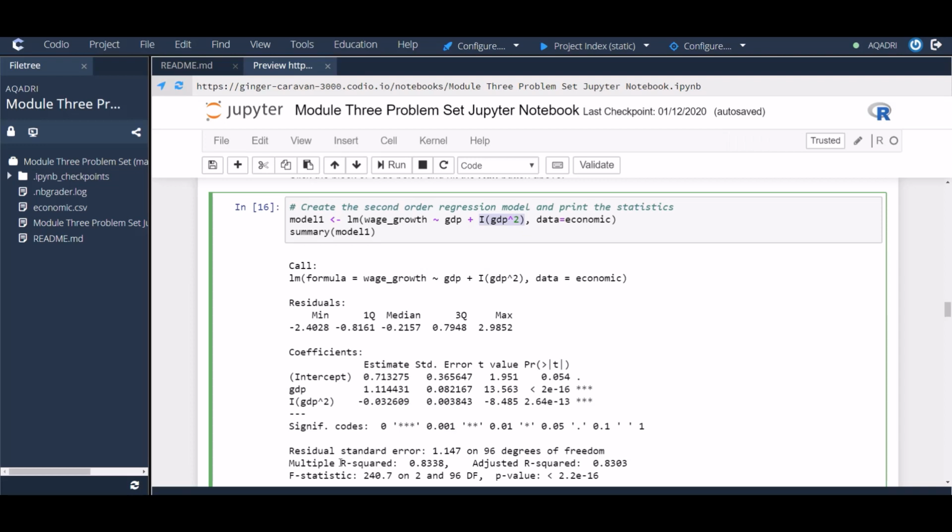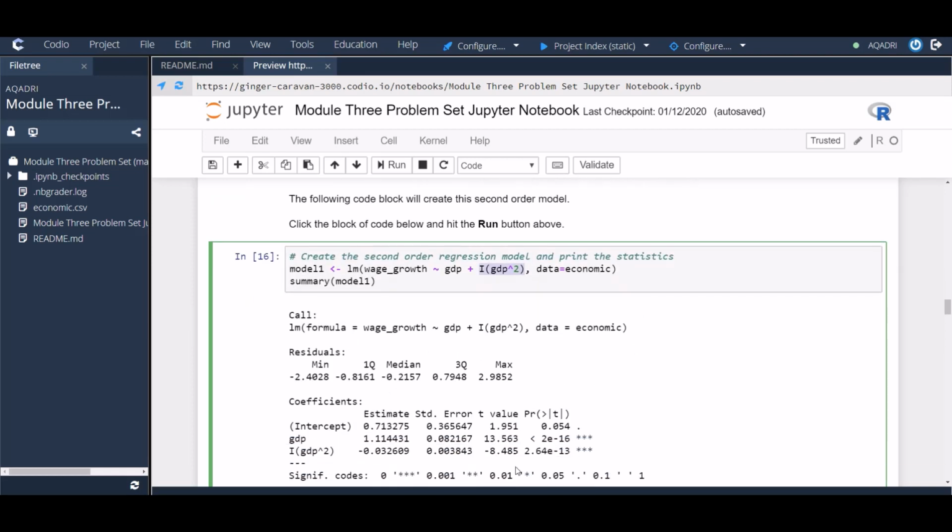And let's look at the overall f-test given here. The p-value for that is also zero. So clearly the model is significant, and you know why: at least one of the terms in the model is significant. In this case, both of them are, as you notice in the t-tests.